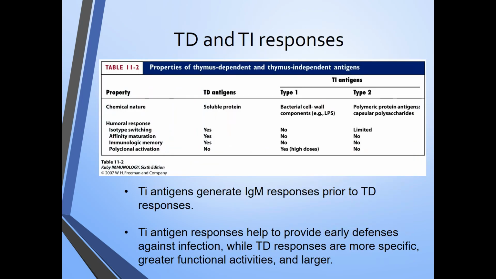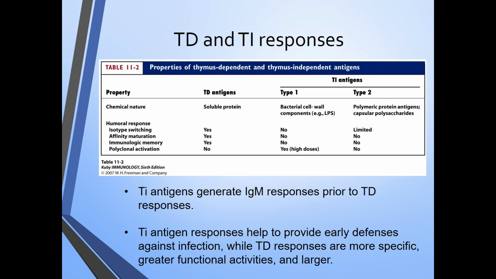So, to summarize, to get the T-dependent and the TI responses straight: the T-dependent antigens are soluble proteins. The humoral response includes isotype switching, affinity maturation, and immunologic memory. The T-dependent antigens typically are not polyclonal activators. The TI antigens come in type 1 and type 2. Type 1 are bacterial cell wall components, like LPS.